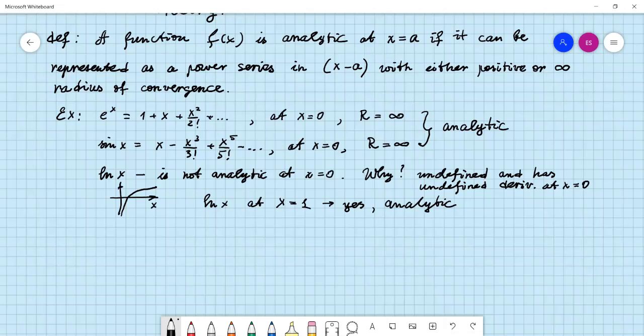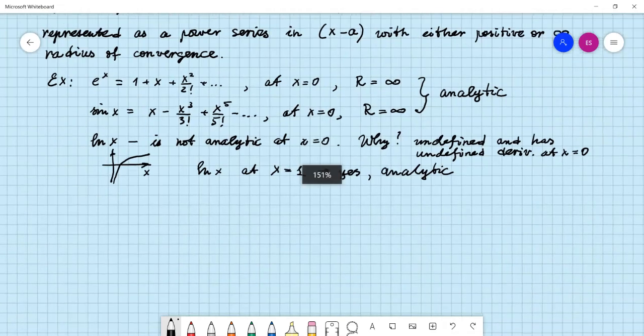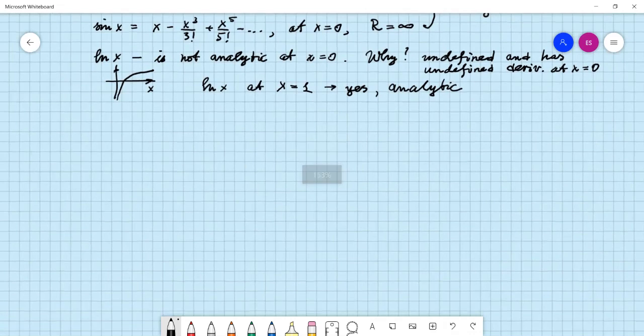Well, okay. More on definition. Let me scroll it up. Okay. Definition.